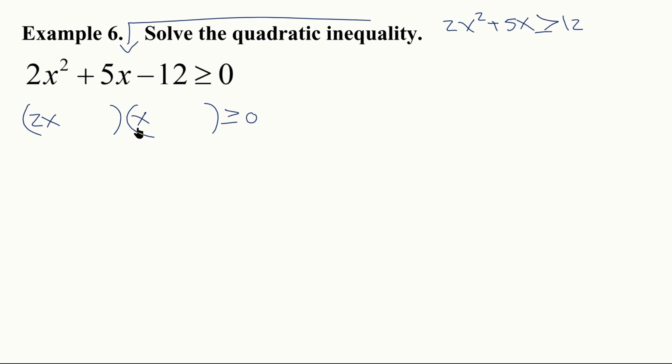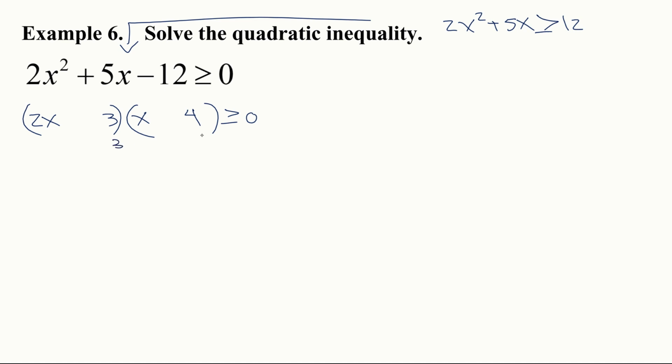So we can't use it here. Here we're just going to use the trial and error FOIL method. So what do we think we need here? Again, you'll become better and better at this with time. Since I want a 5, I'm thinking I'm going to get an 8 here, and I'm going to put a 3 here. That should help me out.